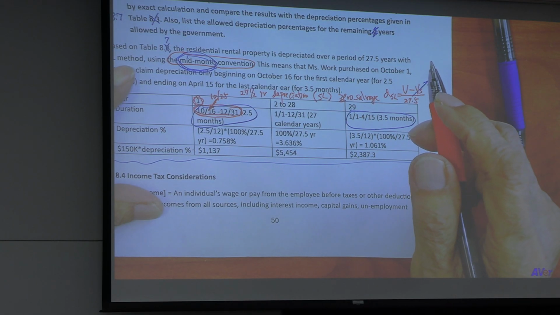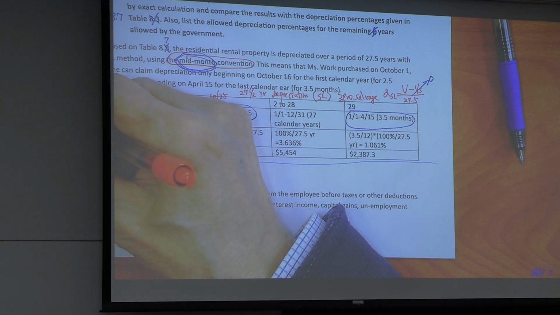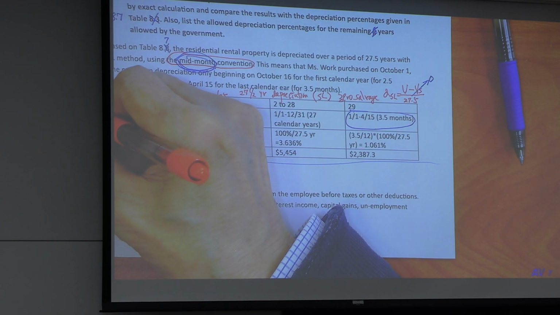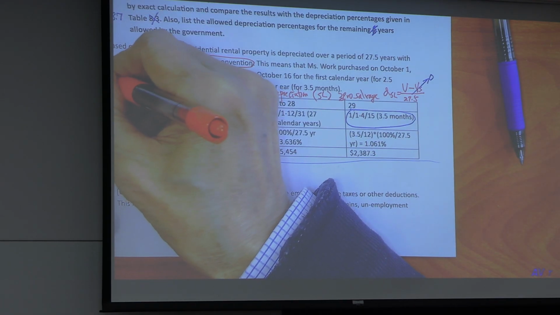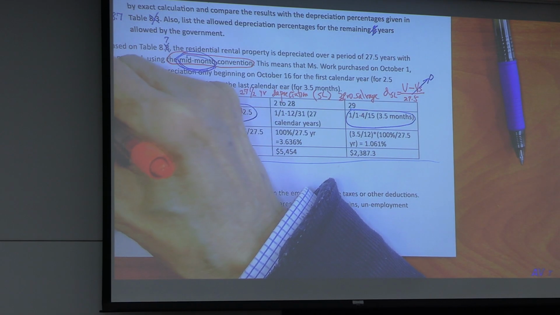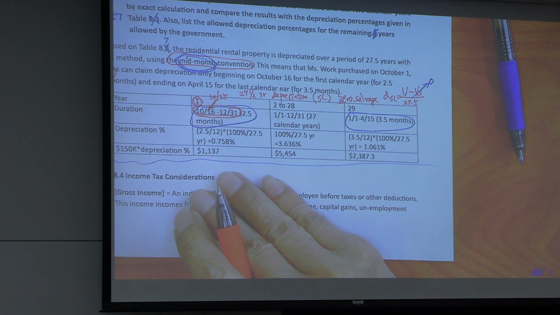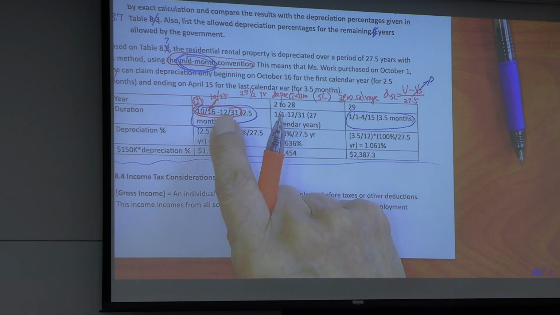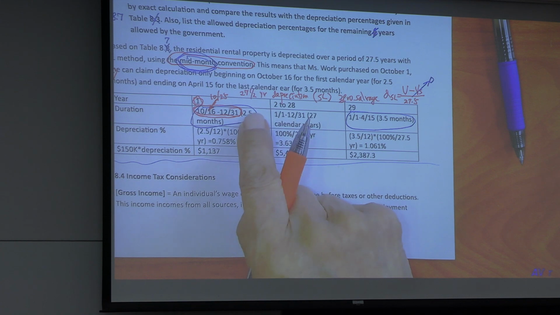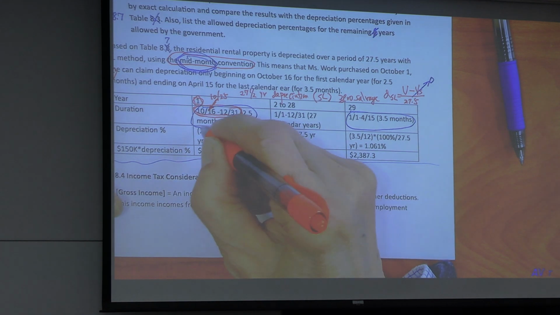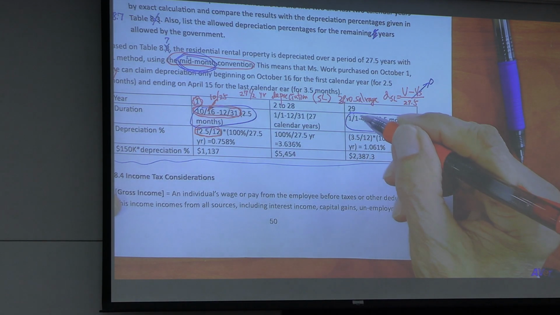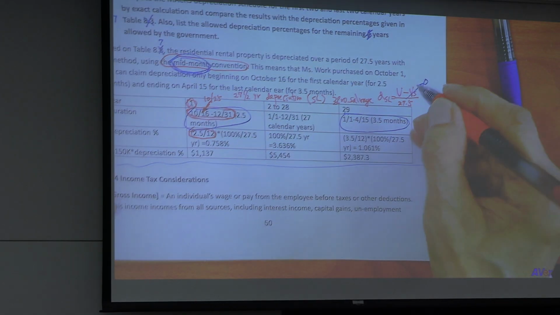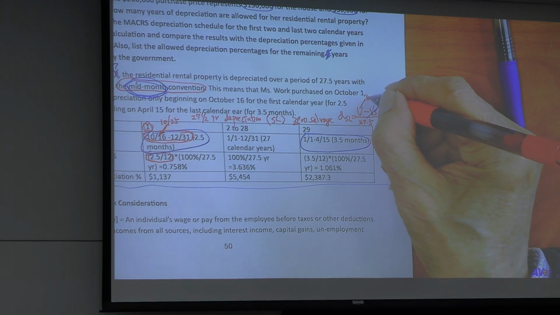Now, why does it depreciate over 29 years instead of 27.5 years? Let's look at the logic. Year 1, October 16 to October 31st, 2.5 months. 2.5 months over 12, number of year, and 1 year, suppose your original value 100%.